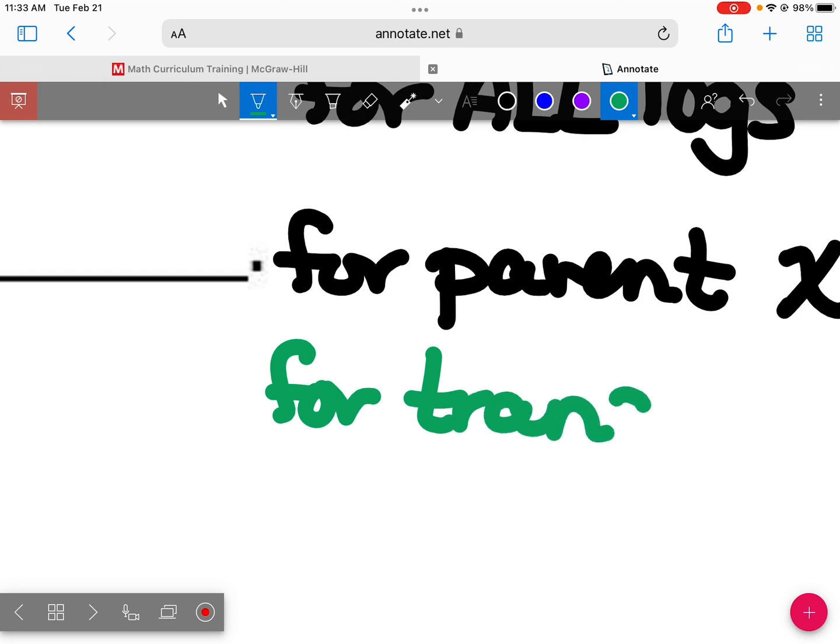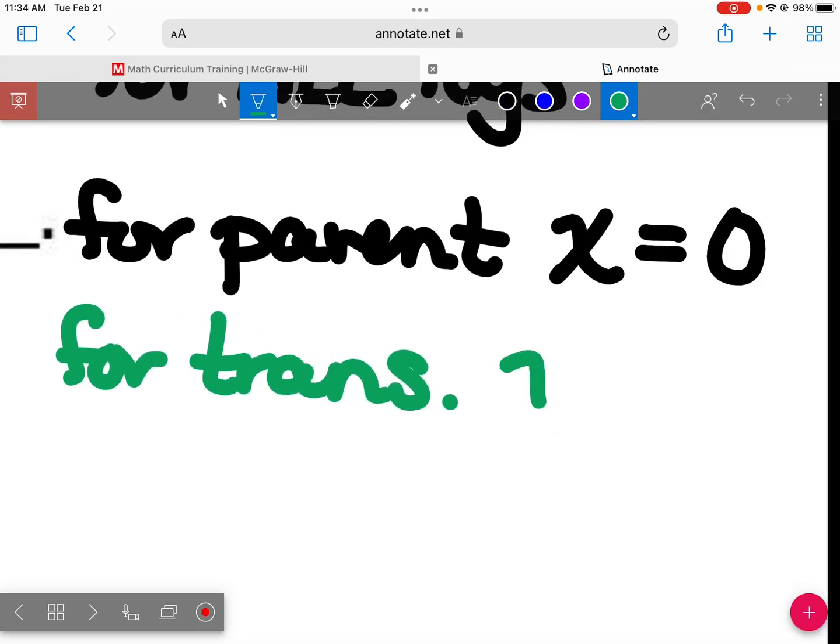For transformations, this is going to be x equals, not k, because k tells me how things move up and down. What tells me left and right movements? H. This will be x equals h for my transformations.